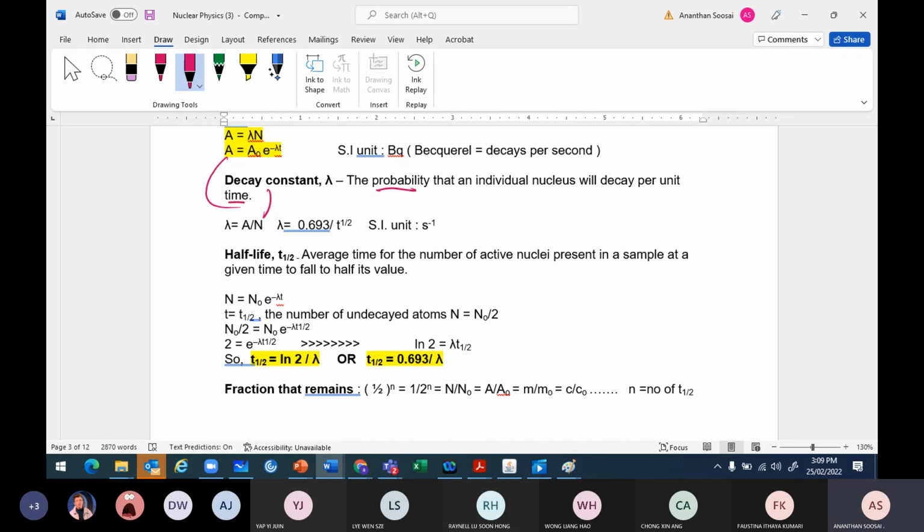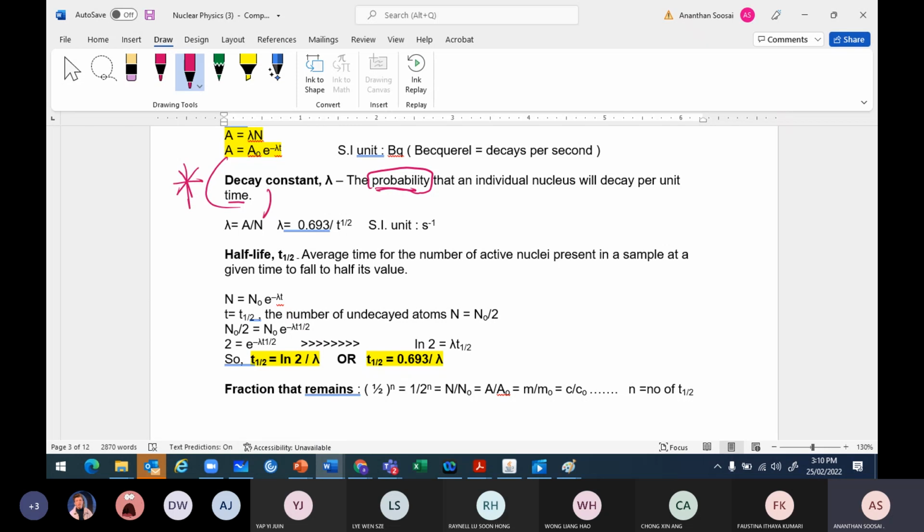Please remember this. The first question in the structured question for a nucleus will most probably be: define decay constant. It's actually a probability for an individual nucleus to decay per unit time.